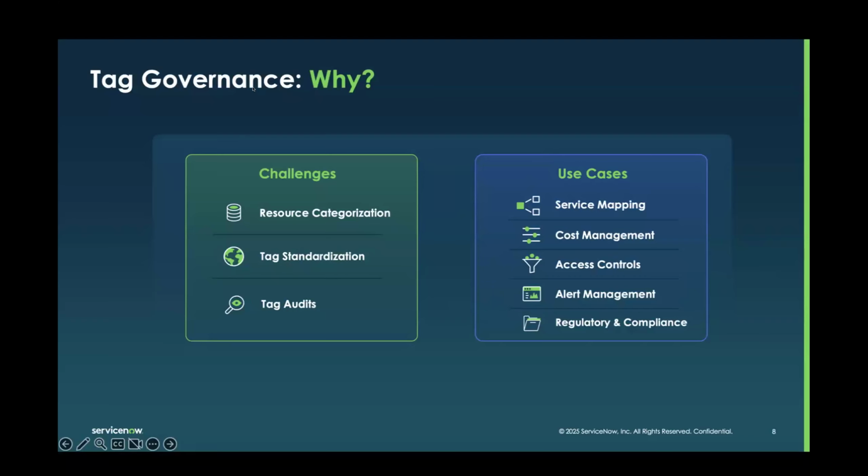We're talking about tag-based service mapping, or cost management if you want to tag resources based on cost aspects, or better access controls or even better alert management, or you are in a regulated industry and you need to comply with specific requirements, especially when it comes to cloud environments. So these are the reasons why tag governance is important.